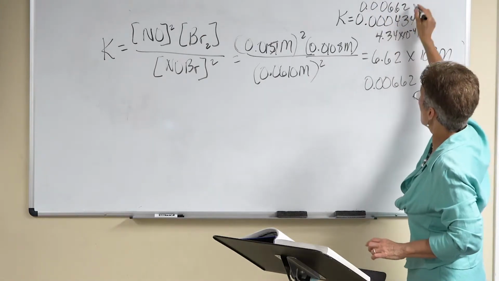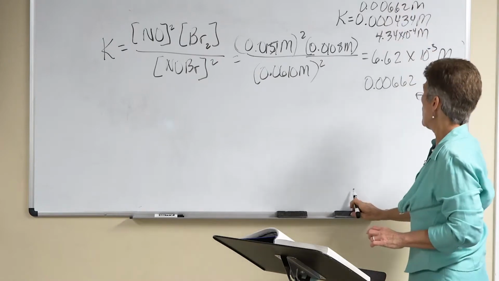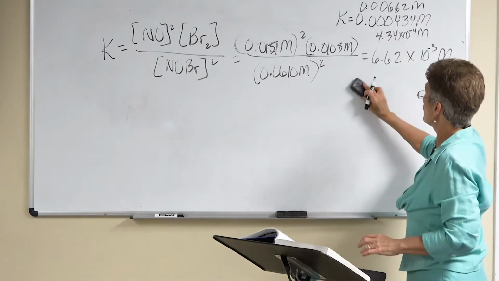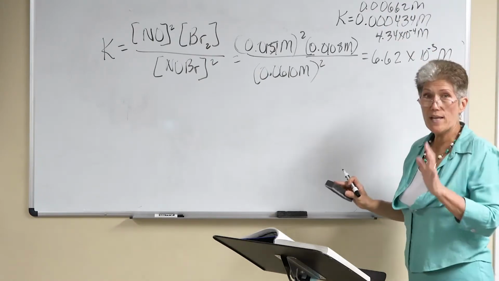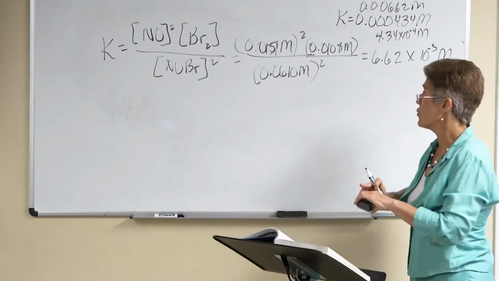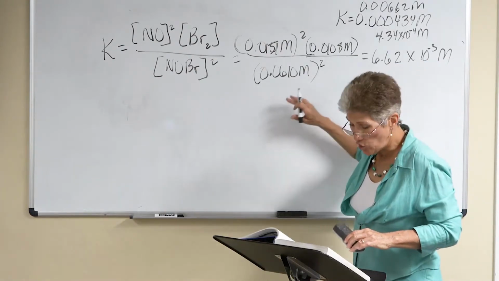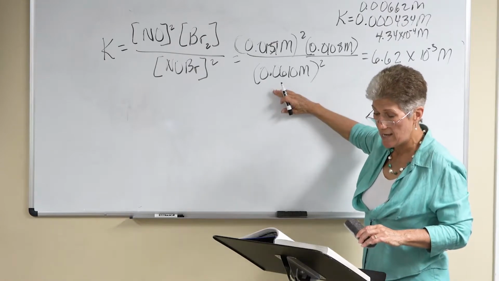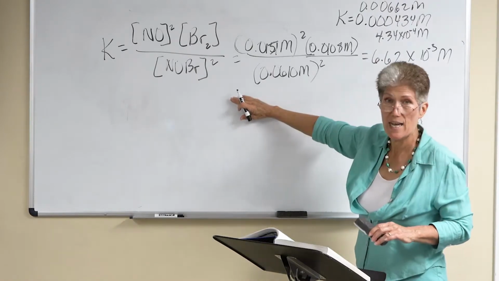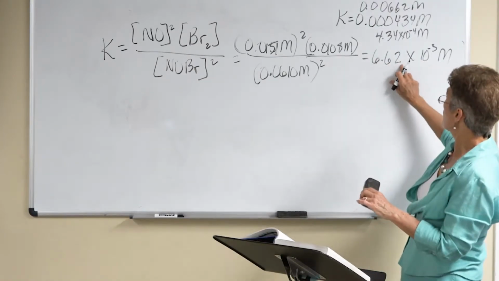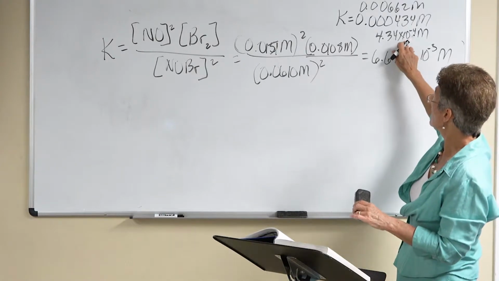There it is. So now you can see it. This is a larger number. If this is a larger number than the equilibrium, we know that we have to make it smaller, so it's going to shift to the reactant side. So this is not at equilibrium, and it'll have to shift to the reactant side to get to equilibrium, because this number is larger than this number.